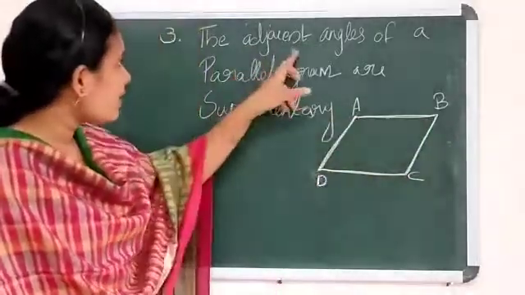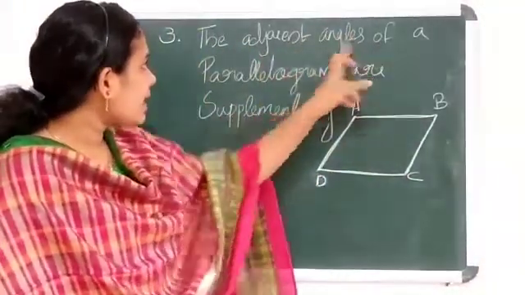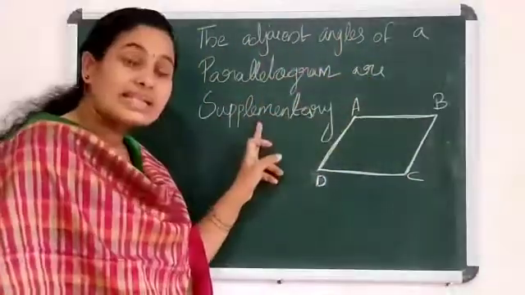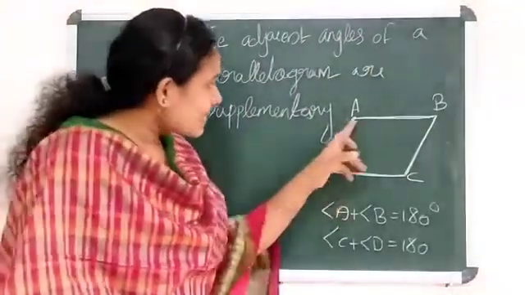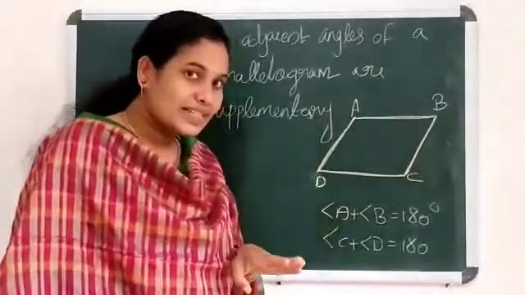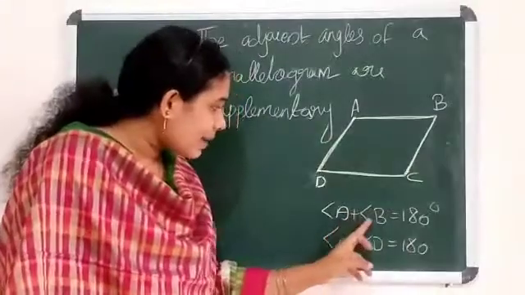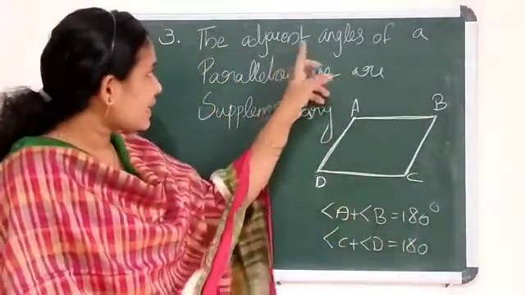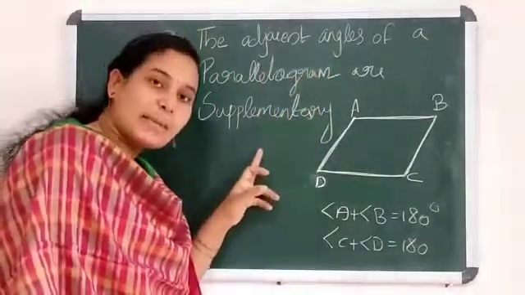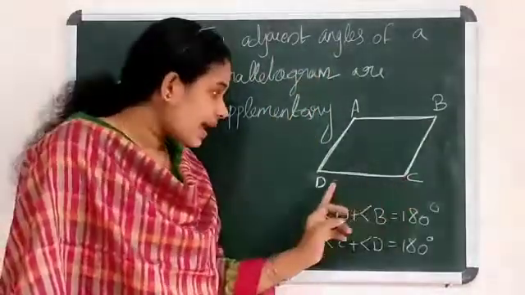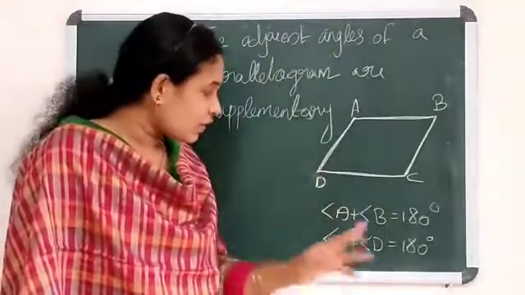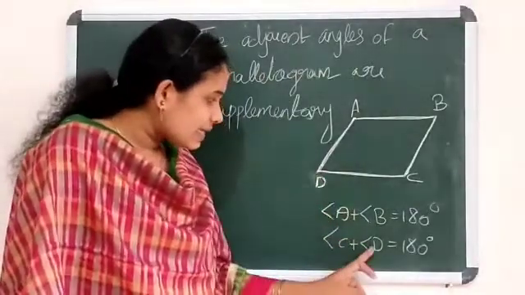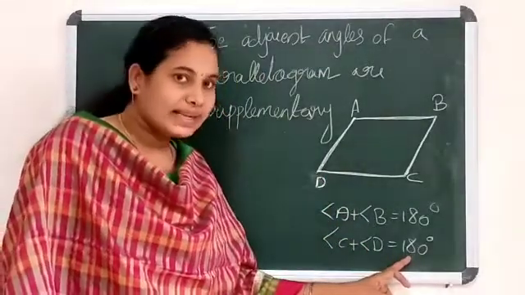Since adjacent angles of a parallelogram are supplementary, angle A plus angle B equals 180 degrees. Angle C and angle D are also adjacent, so angle C plus angle D equals 180 degrees.